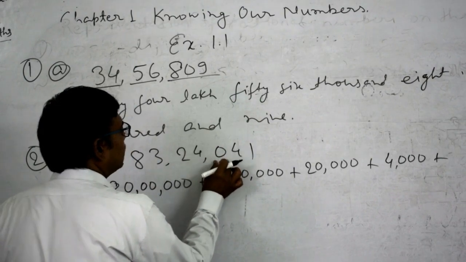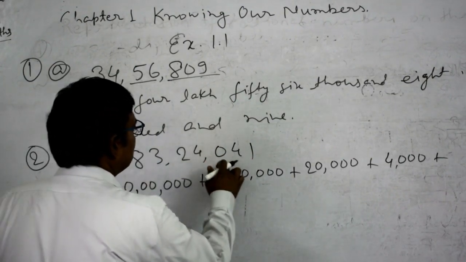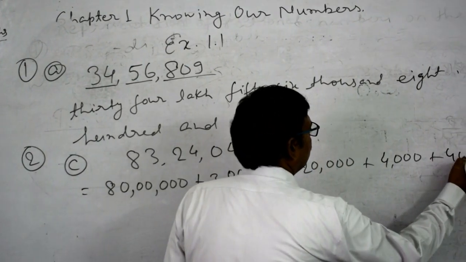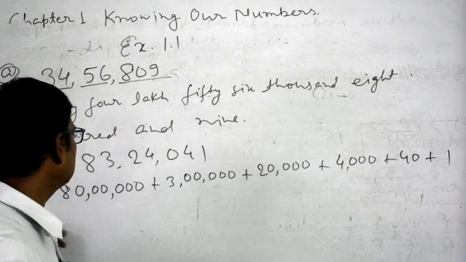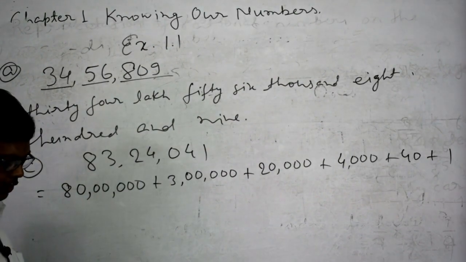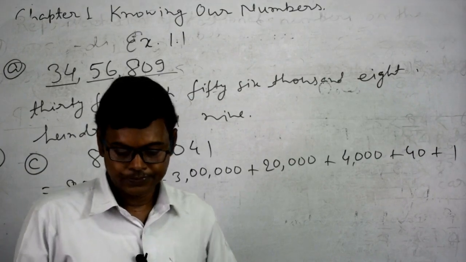It is at the 100's place, and since it is 0, we don't write it. Then write 40 and 1, because 1 is at the 1's place. So this is the expanded form of this number. Similarly you will do questions A and B, which are easier than this number.